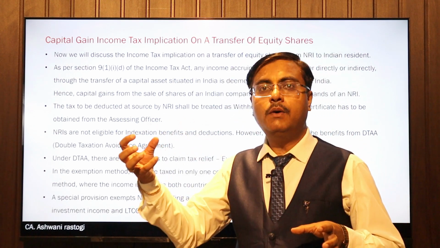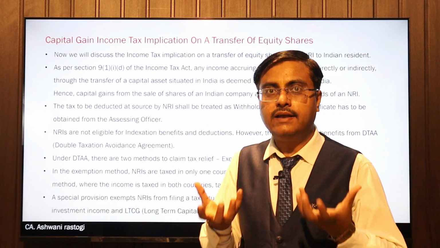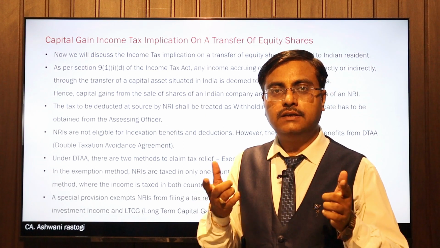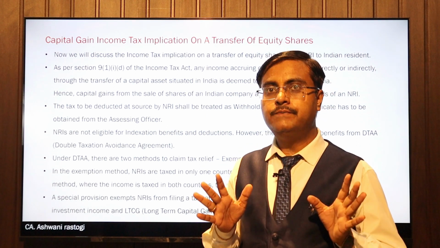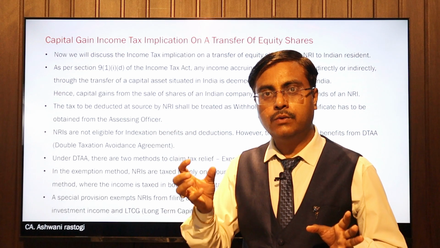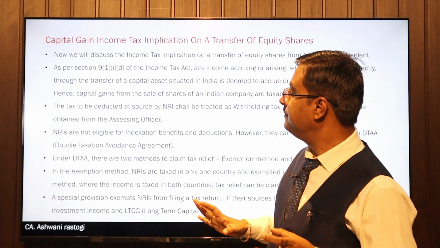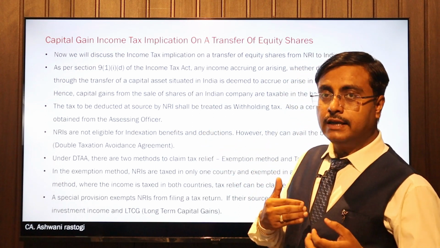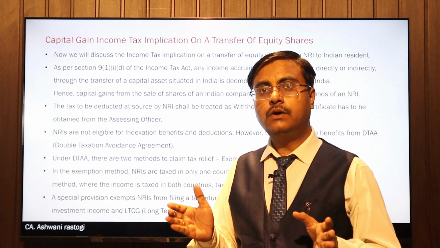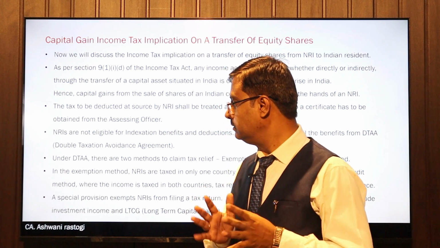Since this capital gain income accrues in India, as per Section 9(1)(i) it is taxed in India. So, a non-resident shareholder getting capital gain income is liable to tax in India. So, while making a foreign remittance, we must deduct withholding tax.